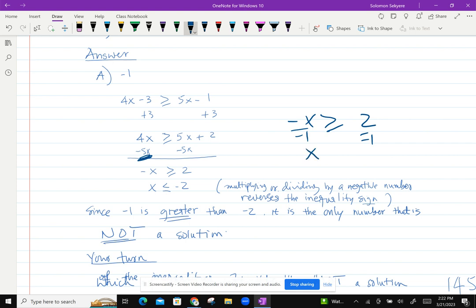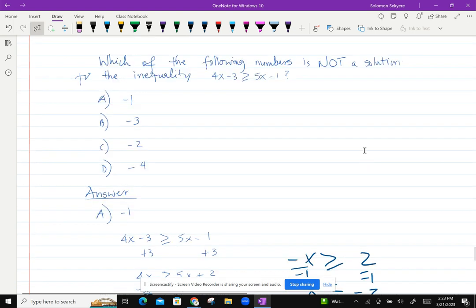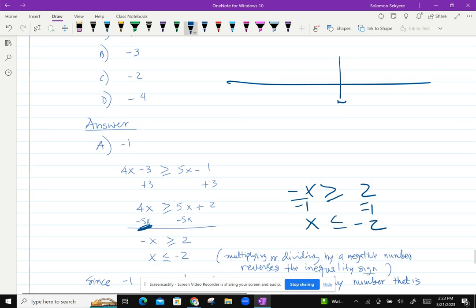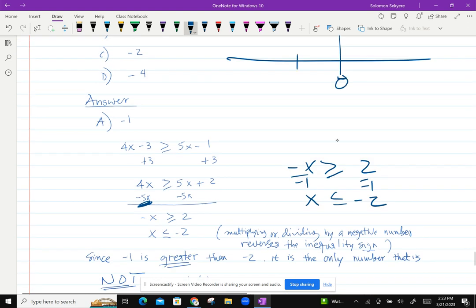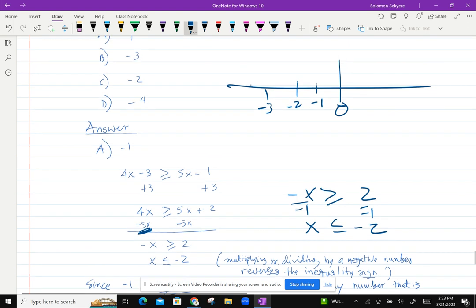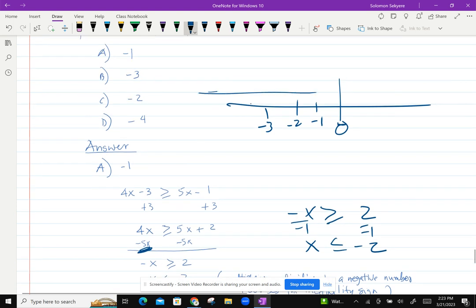So you have x, and with inequalities, when you divide through by a negative number or multiply by a negative, the sign reverses. So we have x less than or equal to negative 2. So if you have 0, and you have negative 1, negative 2, negative 3, and so on, with negative numbers, they are reducing going to the left and increasing going to the right.